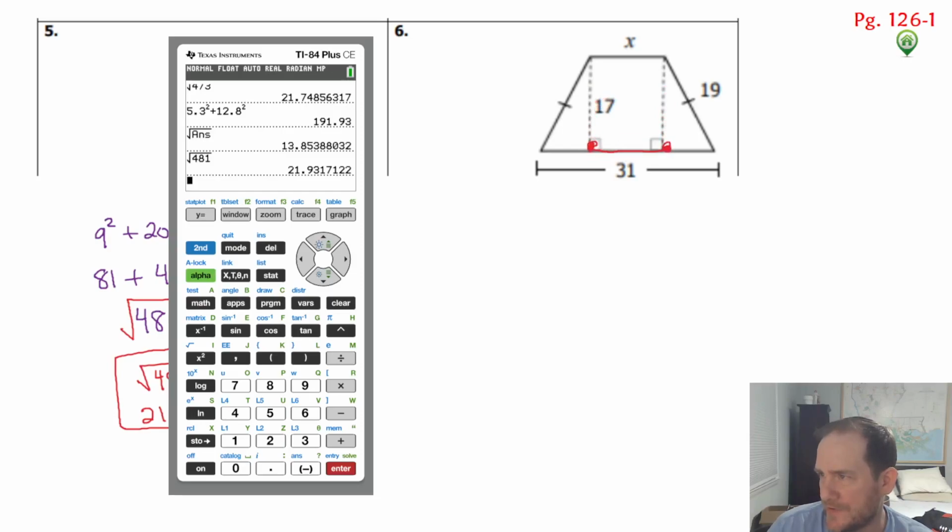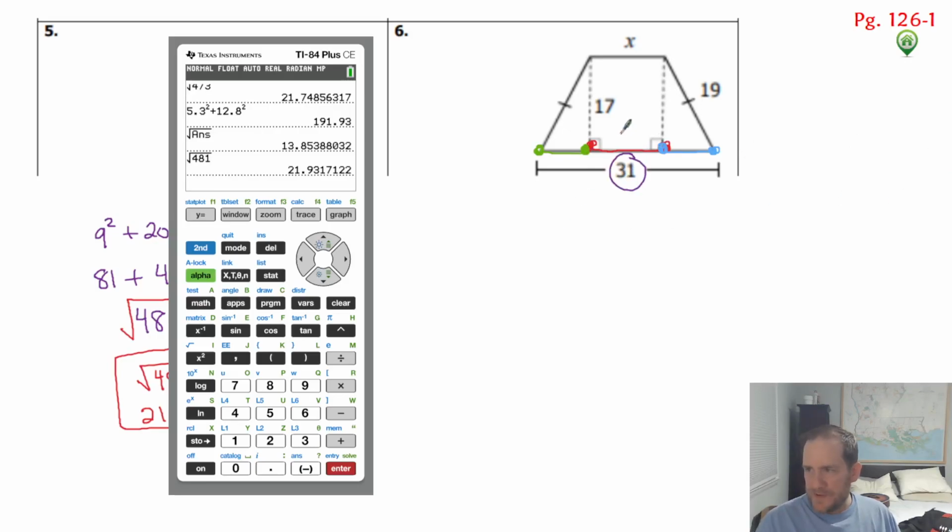And then this chunk down here between the two right triangles, that's going to be what x is. So I can use the right triangles then to figure out what this blue piece is going to be, the blue piece starting here going to this end. And I could figure out what this green piece is over here going to this end. And we can see that those three green pieces together all add up to the 31.